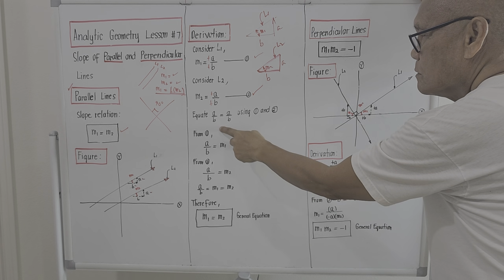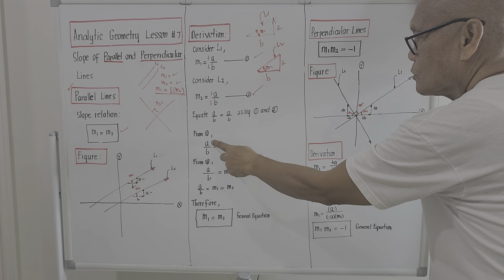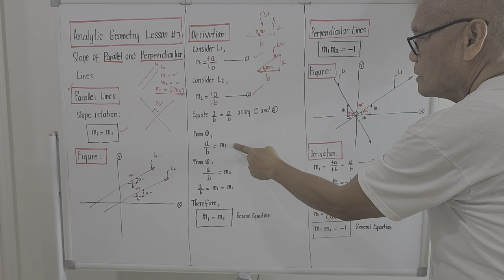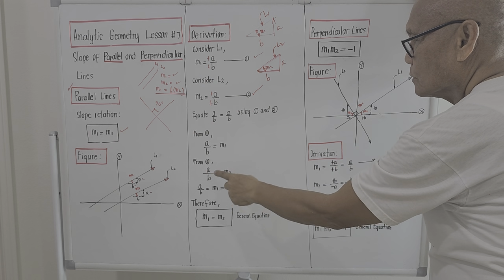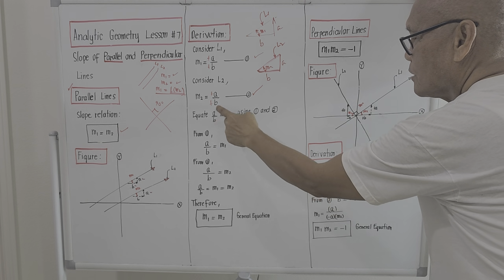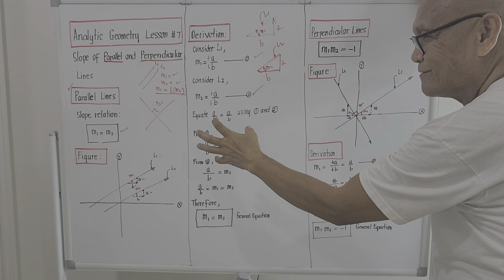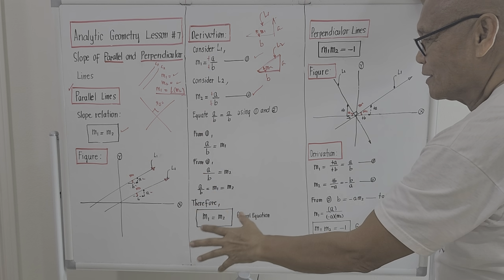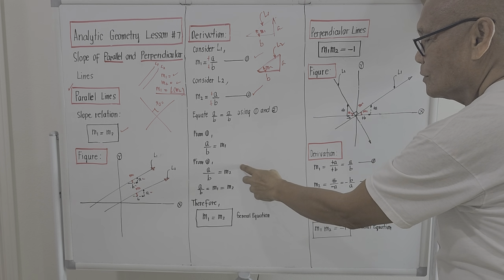So from 1, the ratio A over B is actually M1. And from equation number 2, the ratio A over B, this A and B are the same, right? That's why I didn't place any subscript. It will be equal to M2.